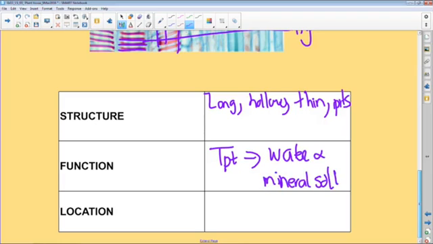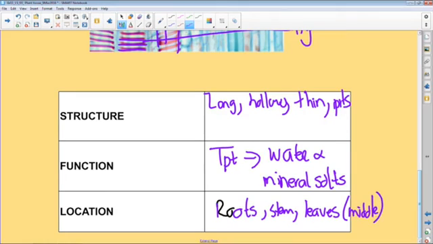And guys, location is in the roots, in the stems, and in the leaves, and usually found in the middle. When we do plant organs, I'm going to show you a nice little experiment to do with your celery stalk.